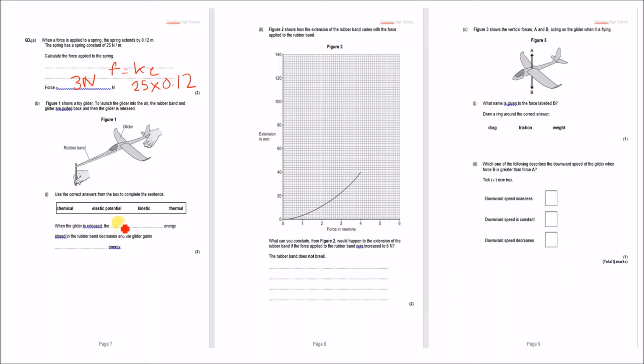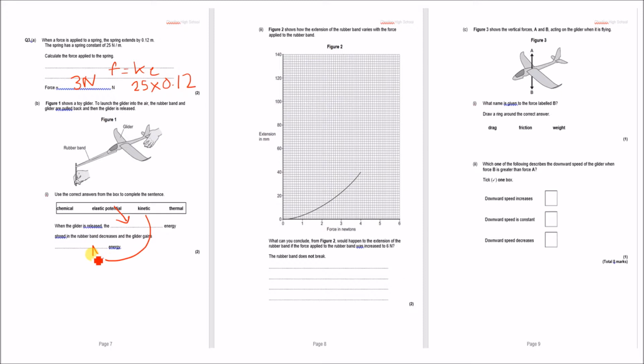Okay, the next question. So there's an elastic band and this is going to send the glider away. So they've stretched the elastic band. When the glider is released, the elastic potential energy, which is stored in the rubber band, remember this is an energy store, decreases and the glider will gain kinetic energy.